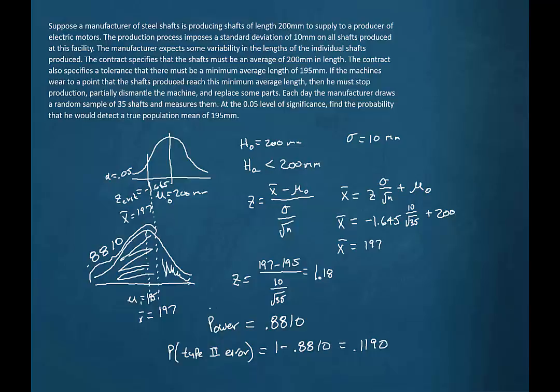Now, if we think about that and match it up to our picture up here, this hypothesized mean is what we are supposing. We're supposing that this mean is 200 millimeters. The two errors that we could commit in hypothesis testing are a type 1 error, where we reject a true null hypothesis, which corresponds to alpha.